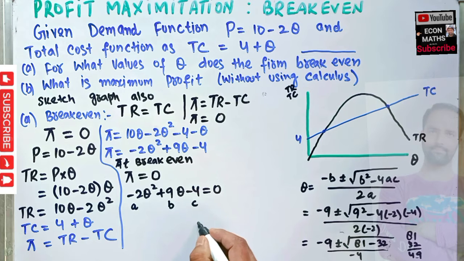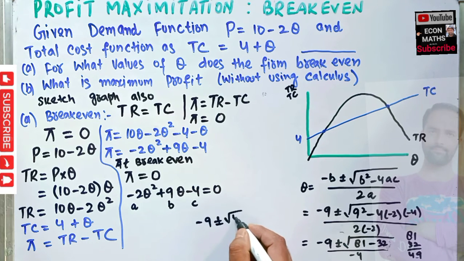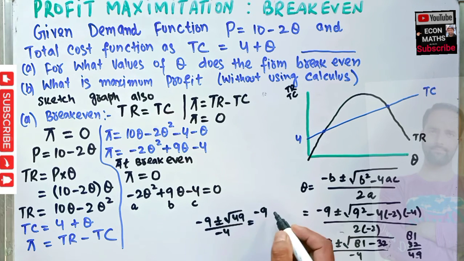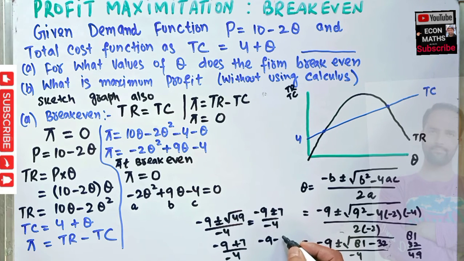Let me write it here. So we have minus 9 plus minus under root 49 divided by minus 4. So under root 49 comes out to be 7 upon minus 4. So we get minus 9 plus 7 upon 4 as one value of q, and minus 9 minus 7 upon minus 4 as the other, two values.